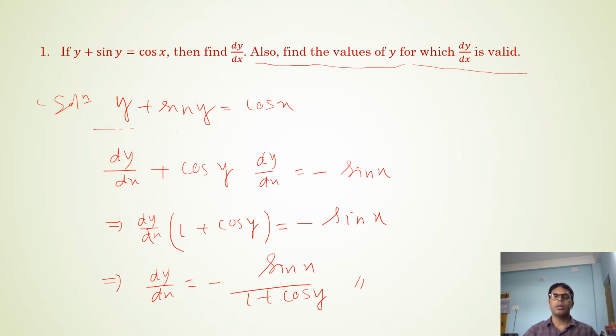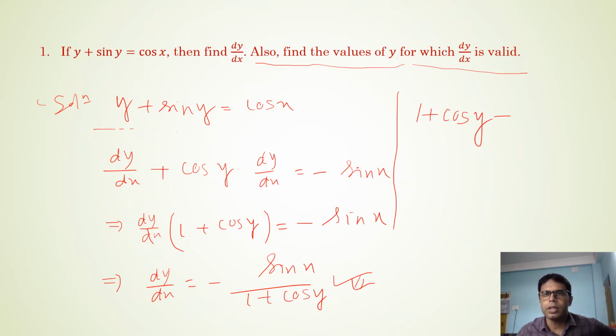And for the second question, you see this differentiation is valid only when the denominator, 1 plus cos y, is not equal to 0. In that case dy/dx is valid. That implies cos y is not equal to minus 1.